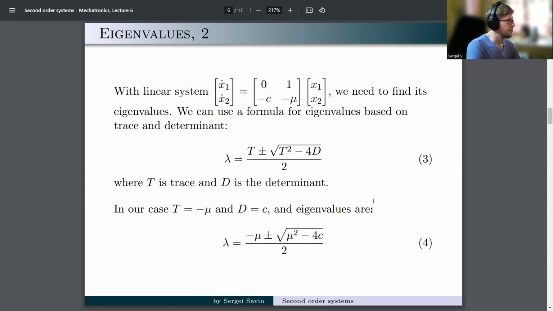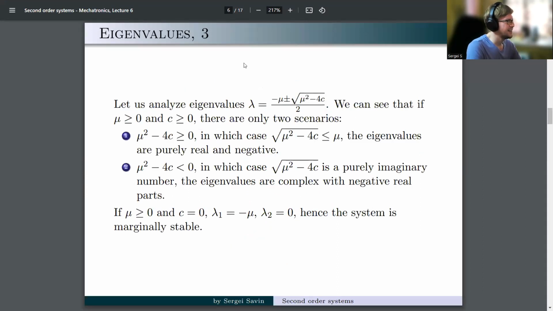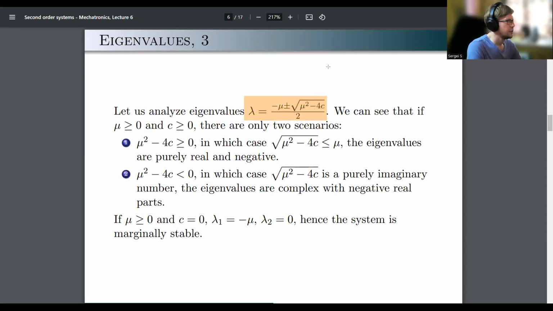Okay, now let us analyze what we got with this formula. So first, let us see what happens when both of those are positive. Remember, we said that if they're positive, the system has to be stable. This simply comes from understanding how the physical system that is analogous to this mathematical one behaves. So now let us concretely see what happens. We can recognize two different scenarios.